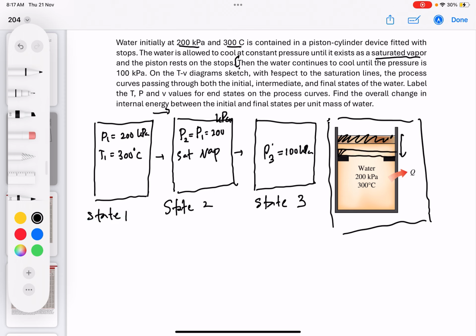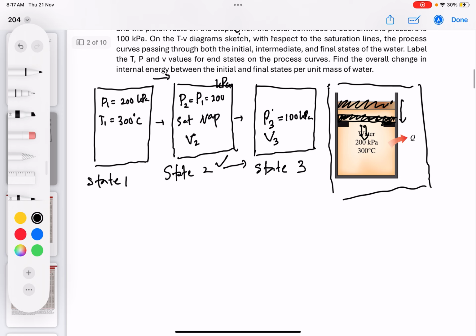So now this is going to be my state number 2, meaning that the volume has changed. And from state number 2 to state number 3, the piston cannot move further down anymore, because there's a stop over here. So I can say that my specific volume at state 2 equals my specific volume at state 3. Hope you'll be able to understand this one.